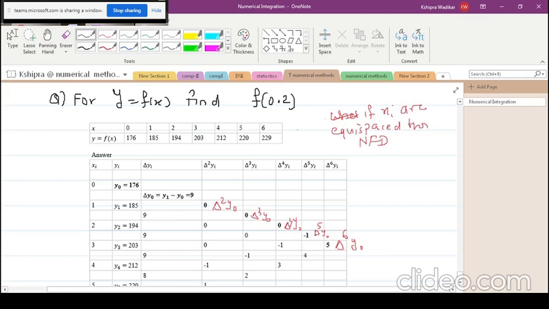Next point is that here your h is 1, and x is x0 plus ph. x is the value which you want to find, so x is 0.2, x0 is 0, so p is x minus x0 by h.